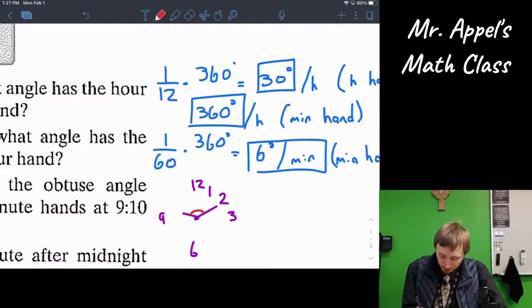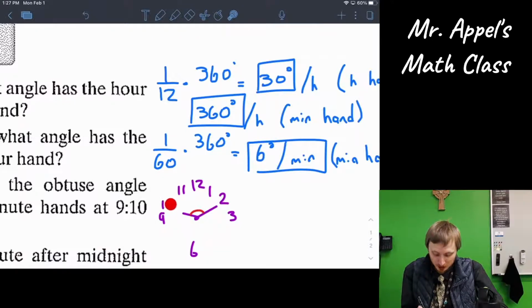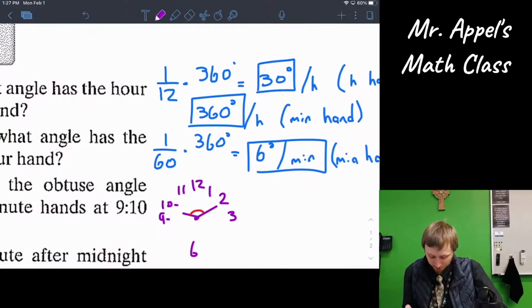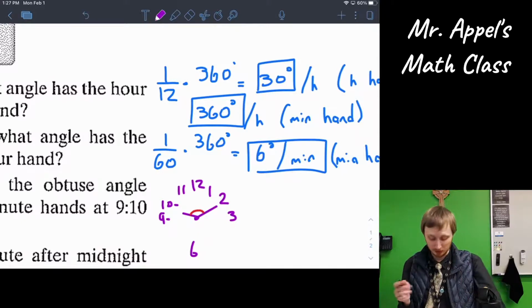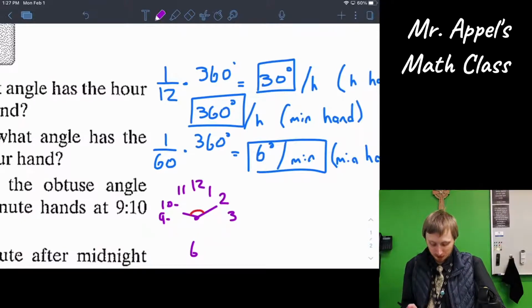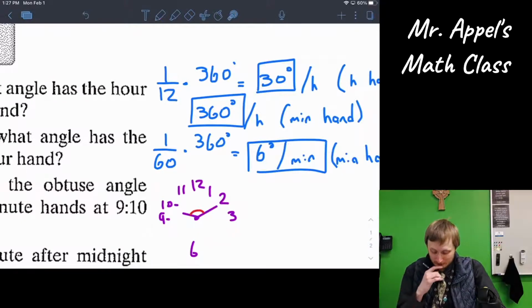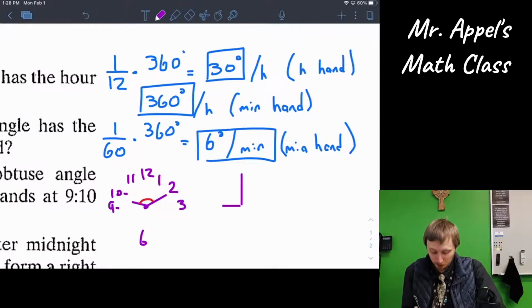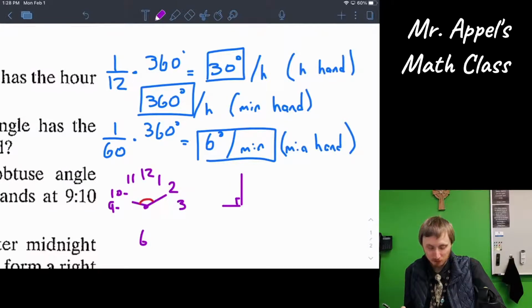Okay, so let's fill in our other numbers here. This is 10, this is 11. This isn't quite to the 10 yet, right? We know that. It can't possibly be at the 10 yet, because then it would be 10 o'clock, and we're not there. So the question is, how far away, right? Think about a simpler case. 9 o'clock exactly, the angle would be a perfect 90 degrees.